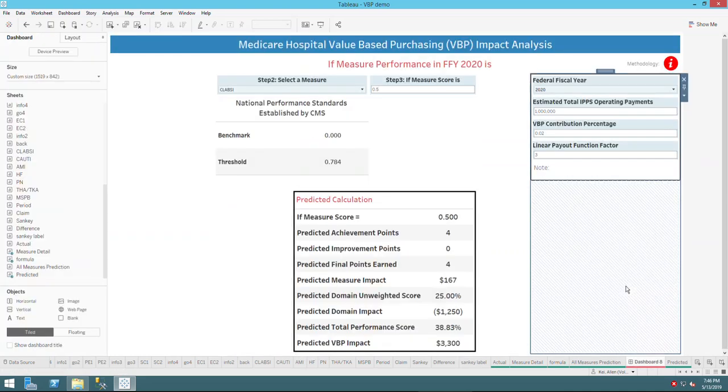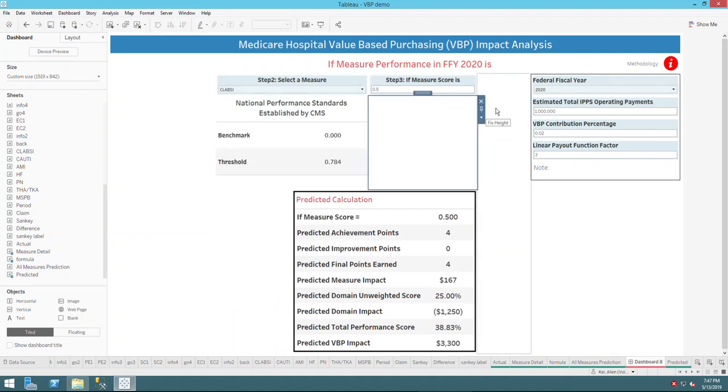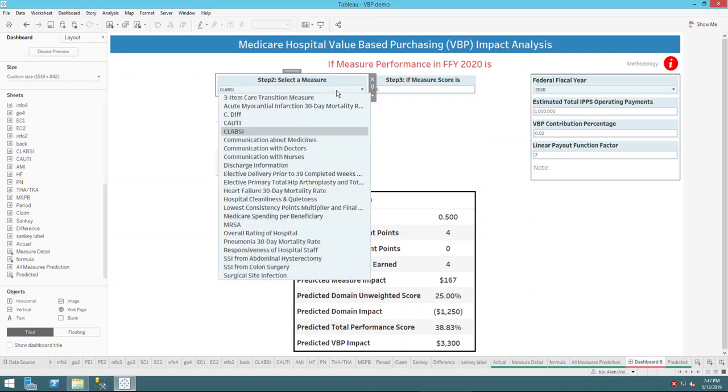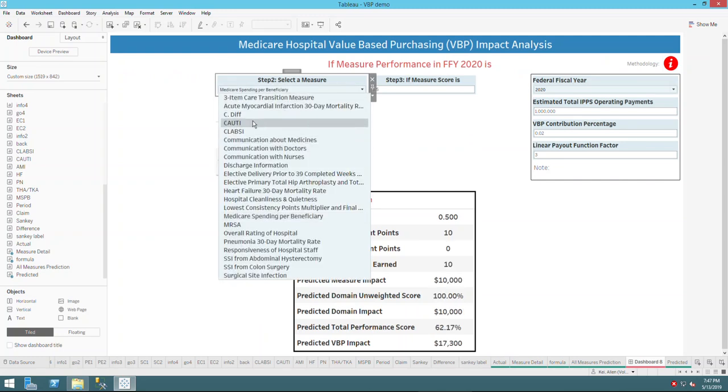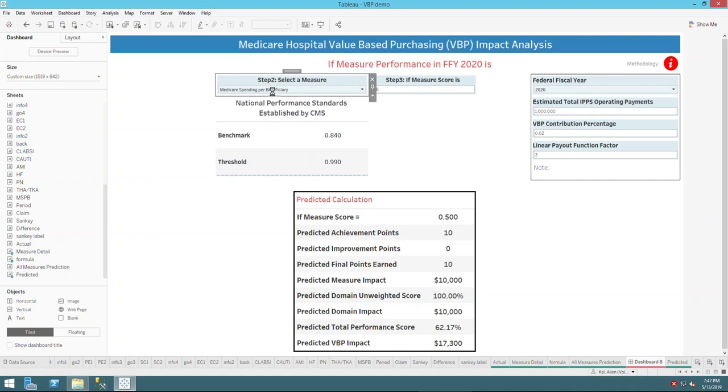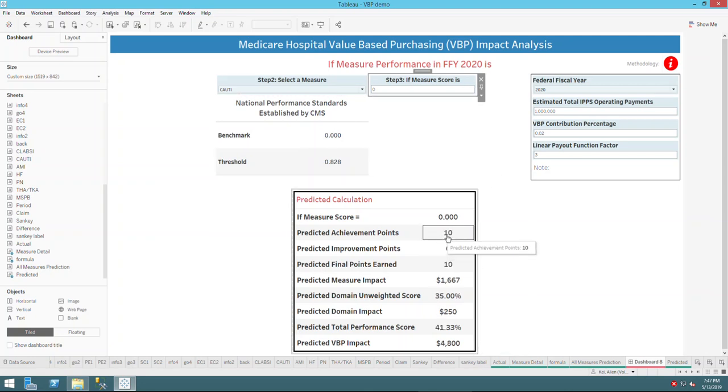So this is all I'm going to talk about for this Tableau dashboard. After you understand the calculation, there's still a lot more, such as how you connect your table when you select different measures. For example, when I type in 0 for this county, of course I have no infection. That means I get the highest score, and then I get positive income for measure, domain and institutional level.